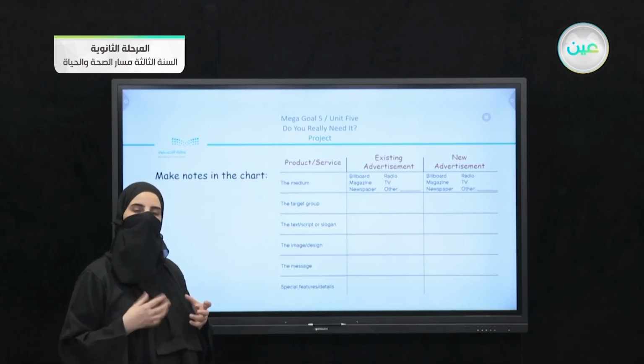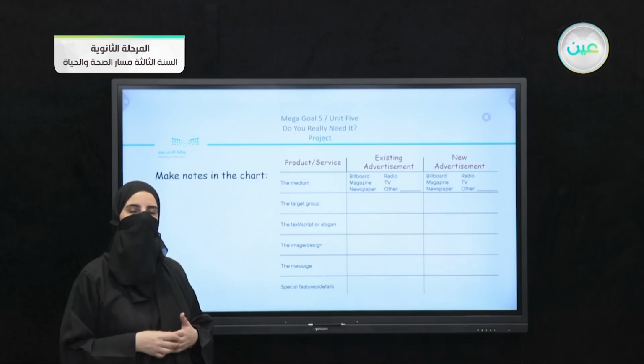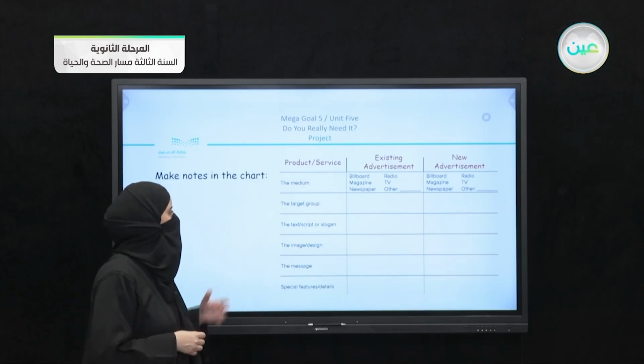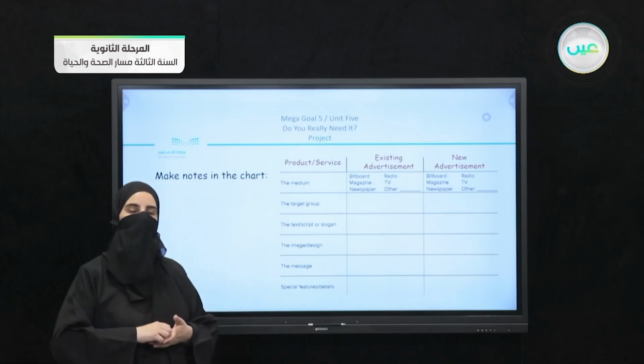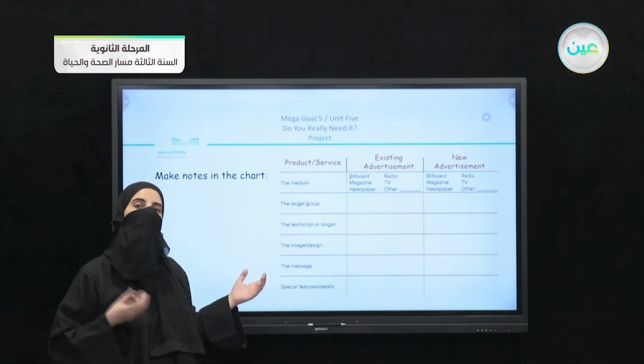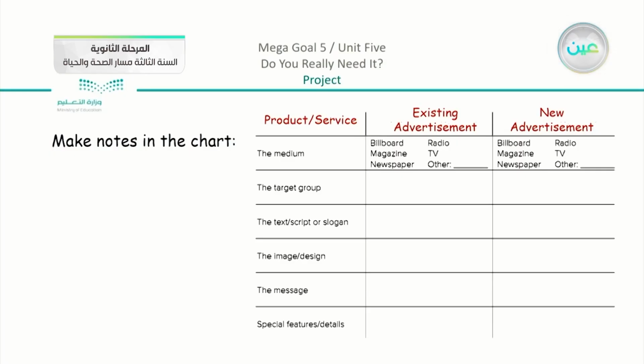So here you're going to see what is the script or what is written in general, what is the message that we have. The image or the design. So it depends on the product. You are going to write also what are the images or the designs that are used. The message in general, what is the aim here? And we have here special features or details if you're going to add.